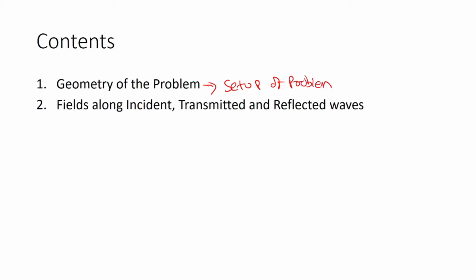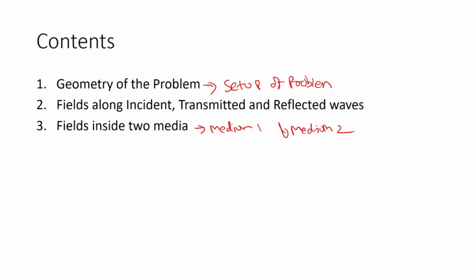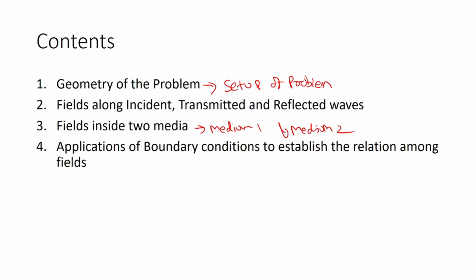The contents we would be discussing are the geometry of the problem, that is, here I would discuss the setup of the problem, and then I would discuss what are the fields along incident, transmitted and reflected waves, and analyze the fields inside two different mediums. As I said, there are two mediums, medium 1 and medium 2, so the fields inside these two mediums will be discussed in the third section.